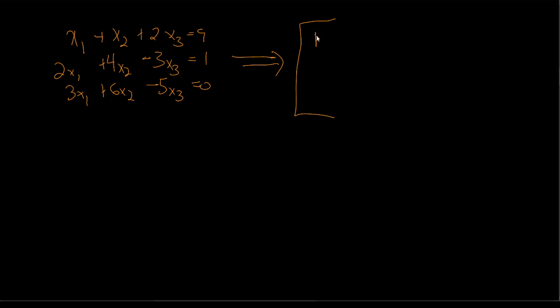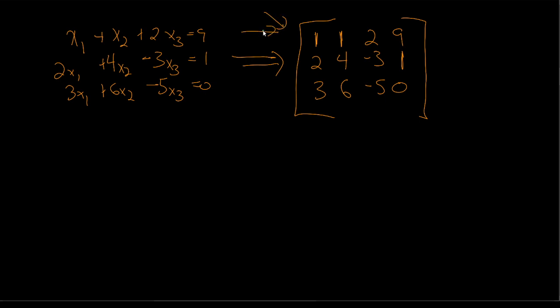So that's 1. That's 1. That's 2. And we have the 9. So the first coefficient in the first row, second coefficient in the first row, the third coefficient in the first row, and the constant. The next coefficients with the sign. And this object that we're creating, this matrix, has all of the information that the system has.